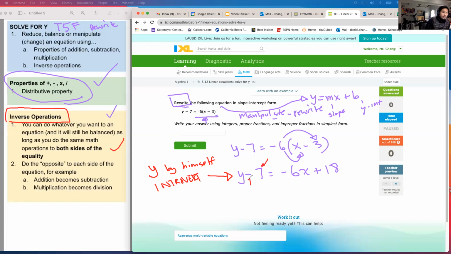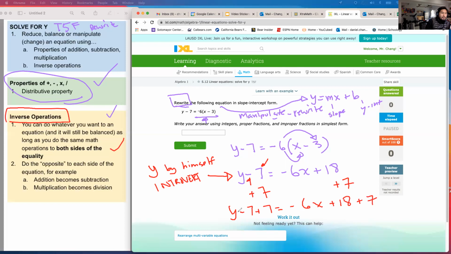This is subtraction, so the inverse of subtraction is addition. And so I'm going to add 7 to both sides of the equation. So when I do that, I get y minus 7 plus 7 equals -6x plus 18 plus 7.